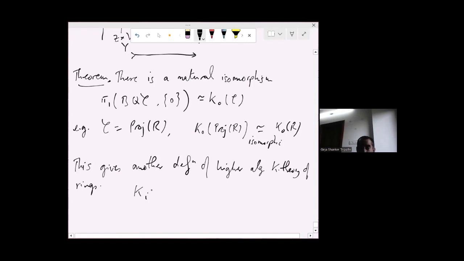So we have Ki. We have this space, we take its homotopy groups. I have to be a little bit careful here because of the index shifting. So K, maybe i plus 1.